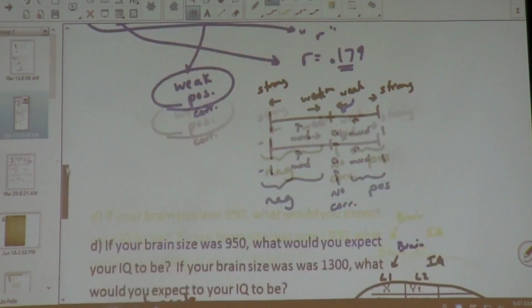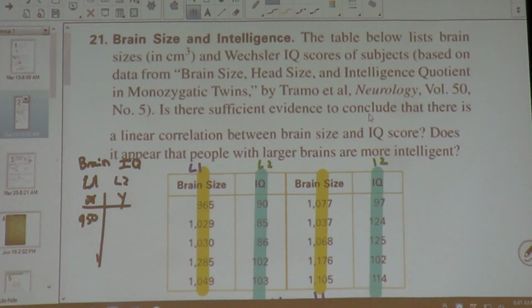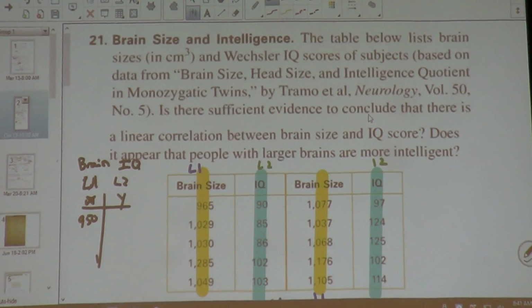Now, if I scroll all the way back to the top, there were a couple of questions there. Is there sufficient evidence, is there enough evidence to conclude that there is a linear correlation between brain size and IQ? Is there a line? Weak line.